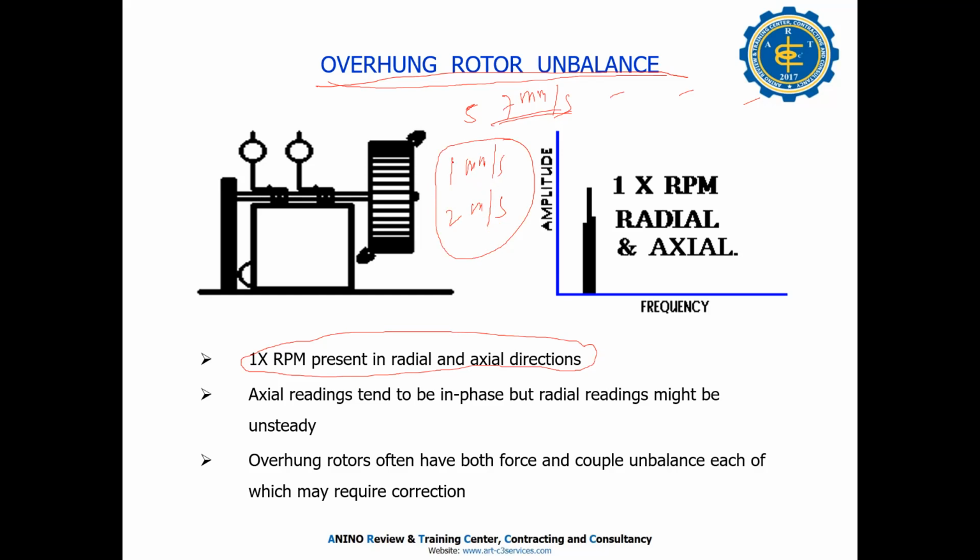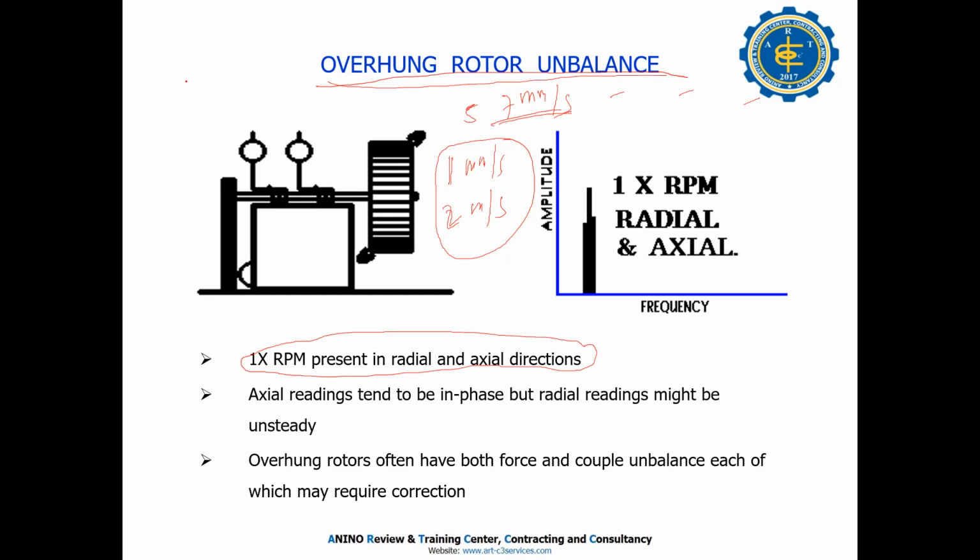If you use this standard, 1 mm per second or 2 mm per second, and you collect data from the EcoM, then maybe it becomes yellow. Oh, problem. See? But you must record that one. You must record: okay, this is the starting vibration for the overhang.